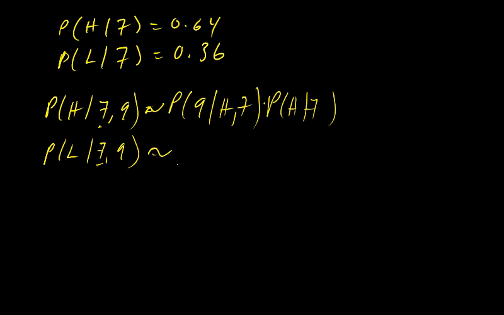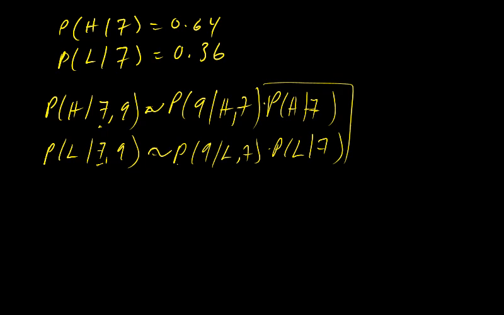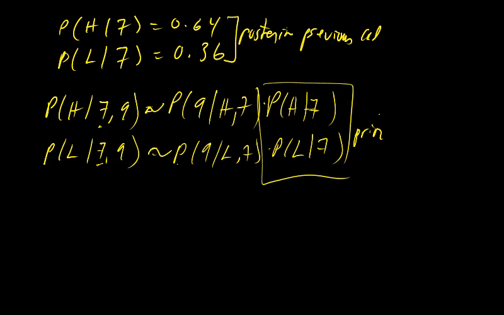Again, on the right-hand side, the 7 is appearing because we know that already from our previous state. 9 given the low deck and the 7. Probability of the low deck given the 7. Now these numbers, which are our priors, are really the posterior from a previous calculation.